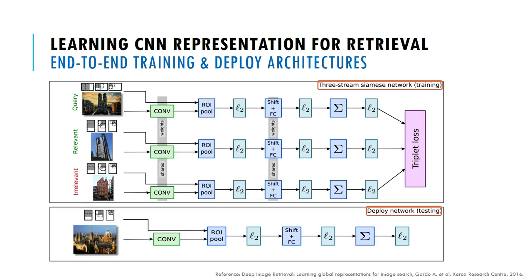Just sum them up, and then L2 norm, and then you have a very good representation. And then we backprop after we apply the triplet loss. So now, once we've got that, we have the weights we can load up for our deployment network, and then we can go from there. And the search becomes much better.